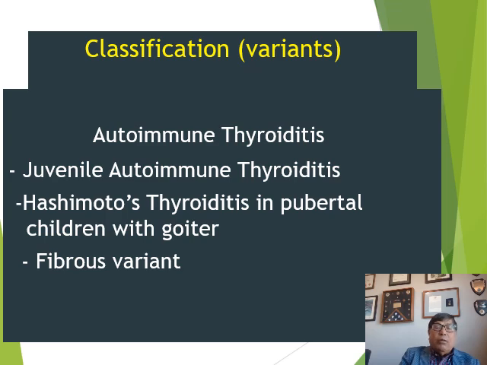The whole gland goes through the fibrotic and then atrophic form, and these again present with a juvenile autoimmune thyroiditis picture. So the fibrous variant is very destructive, and they all present with severe hypothyroidism.